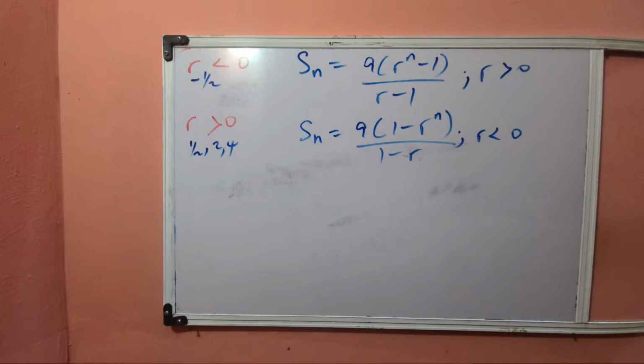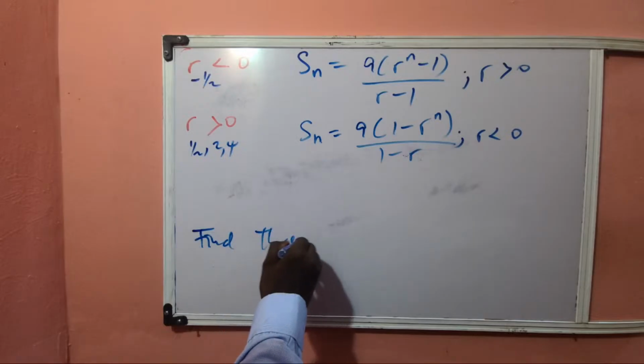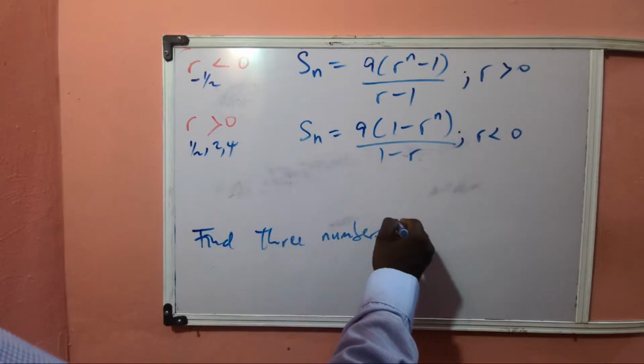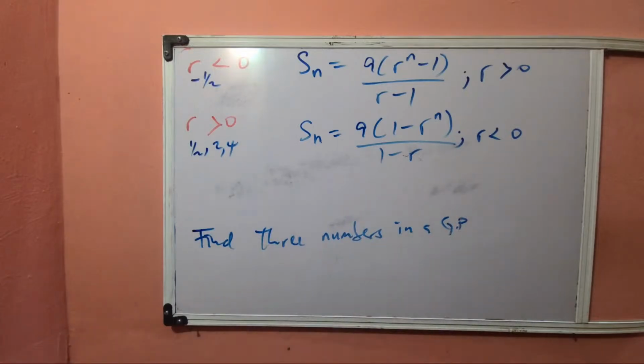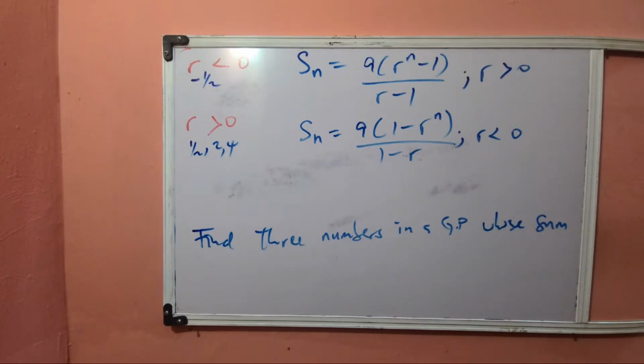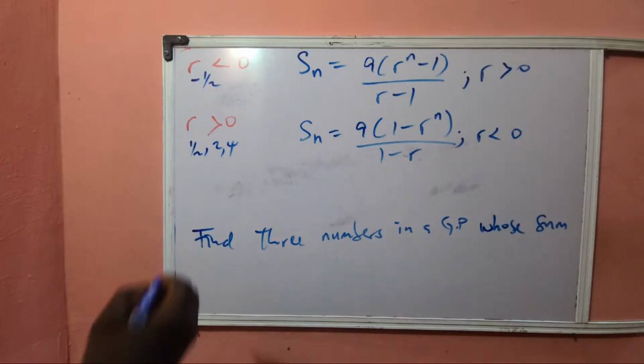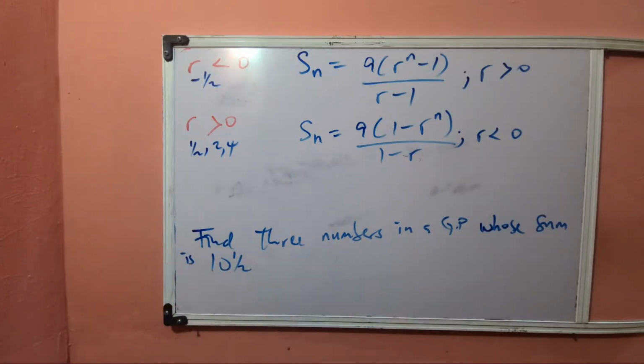So find three numbers in a GP whose sum is 10 and 1/2, and their product is 27.